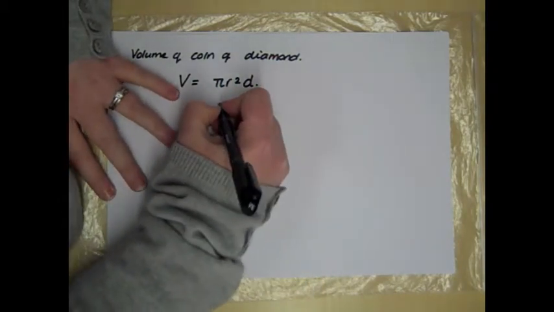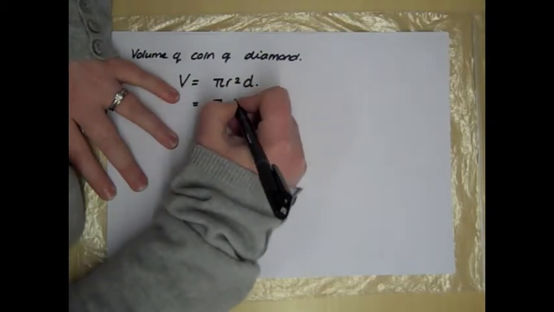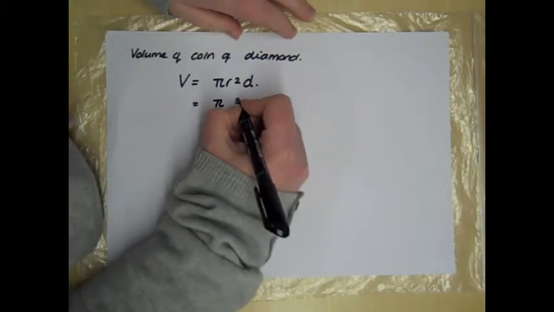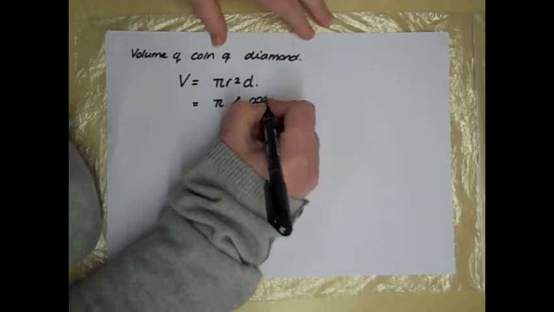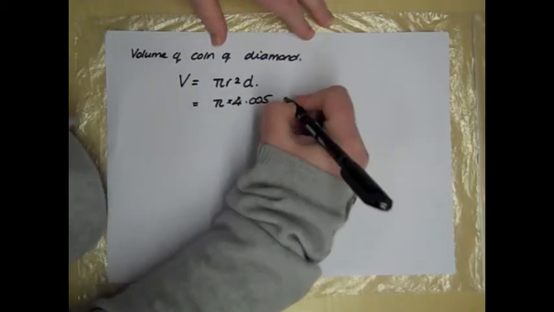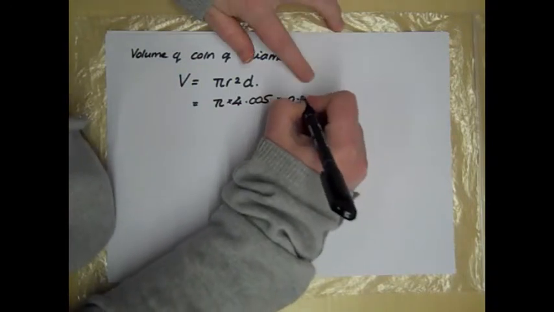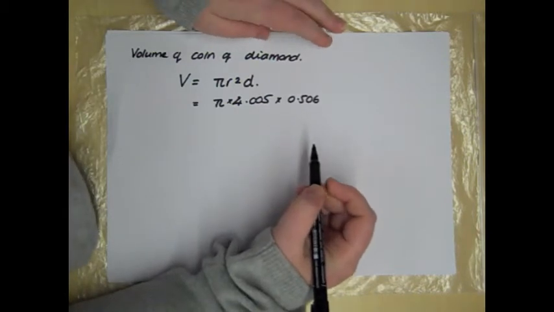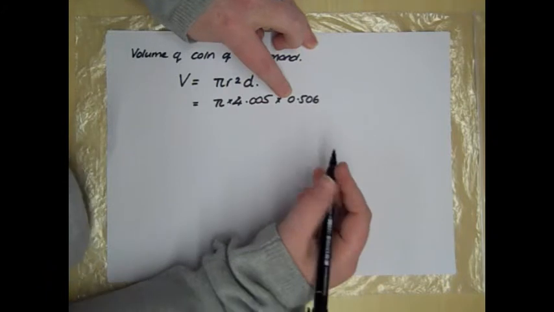And so the volume is equal to pi multiplied by, what I need to do is I'm just going to make this 4.005, that's centimetres, but I'm going to have my depth in centimetres as well. So it was 5.06 millimetres, I'm going to change that to be 0.506 centimetres.